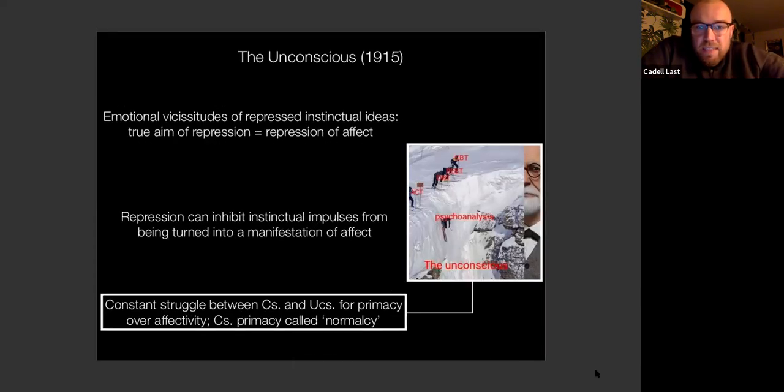So the emotional vicissitudes of repressed instinctual ideas undergo repression, whose true aim is the repression of affect. I think this captures a lot of how modern institutions handle psychology, which is basically to reduce any emergence of intense affect.